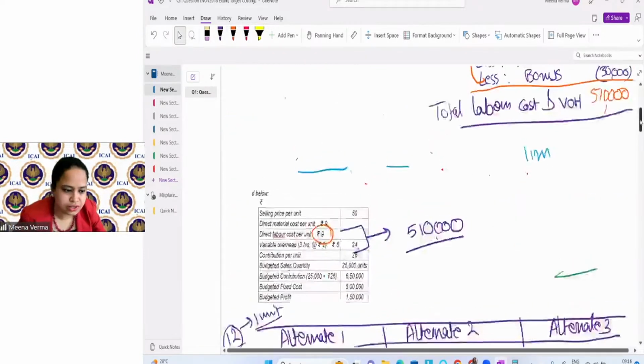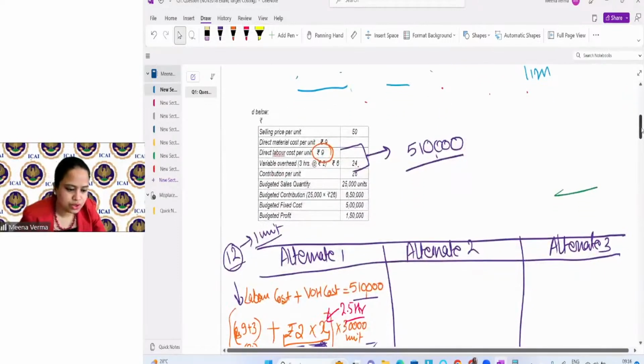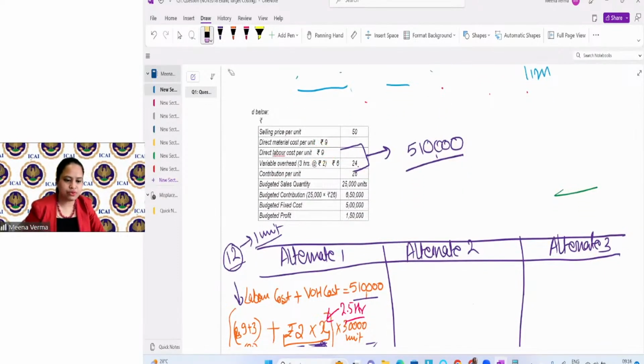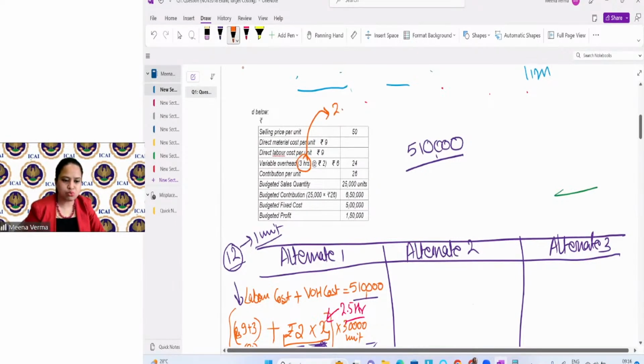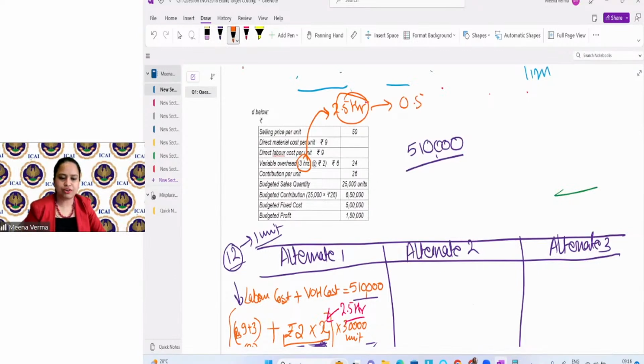You can see here, for the variable overhead, earlier the time was 3 hours. Now you are taking 2.5 hours. So how much time is saved here? 0.5, meaning half an hour is saved here. So you are saving this time for the production of goods, variable overheads.